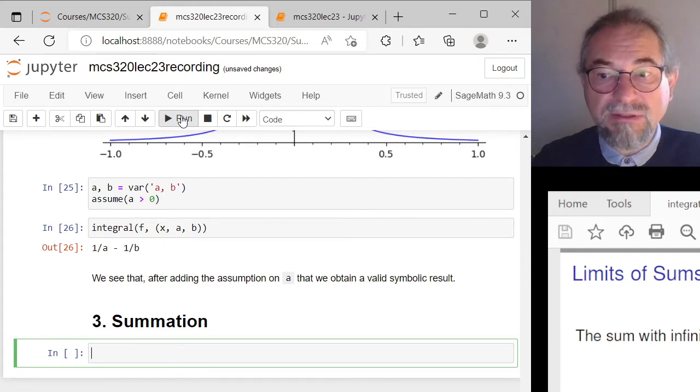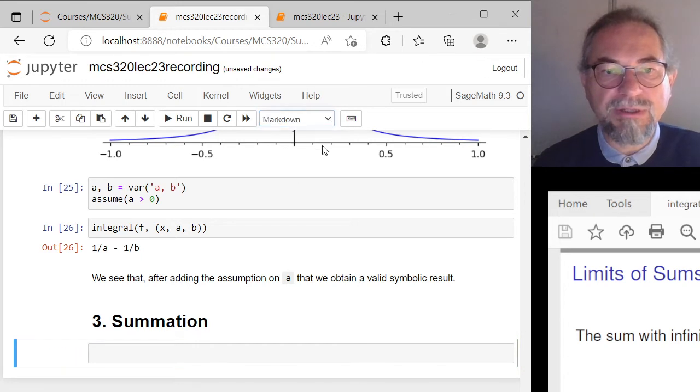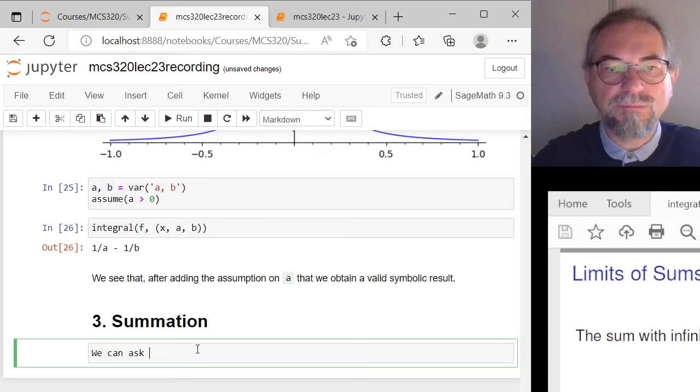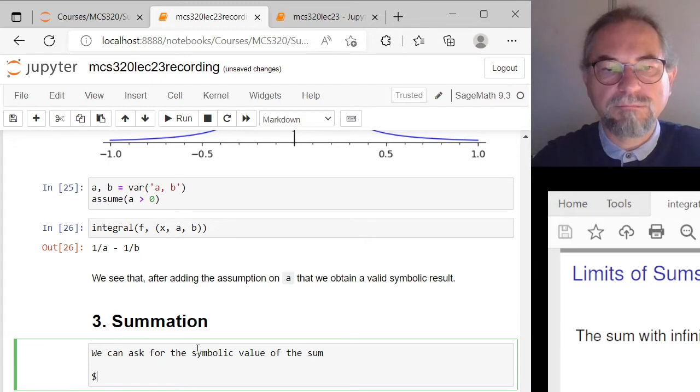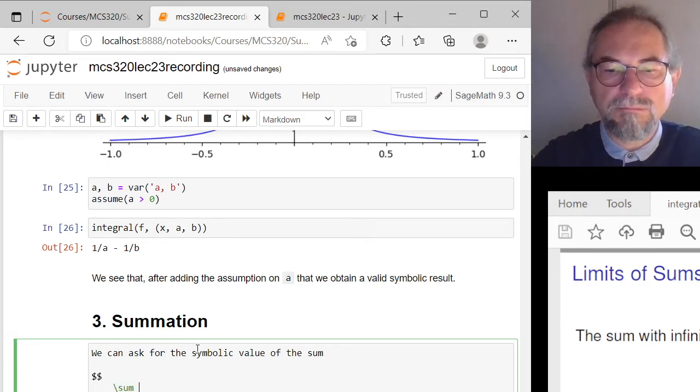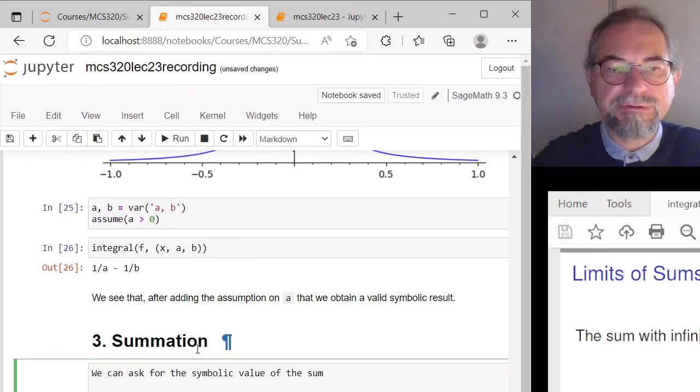So SageMath contains, we can ask for the symbolic value of the sum for the first k positive integers.